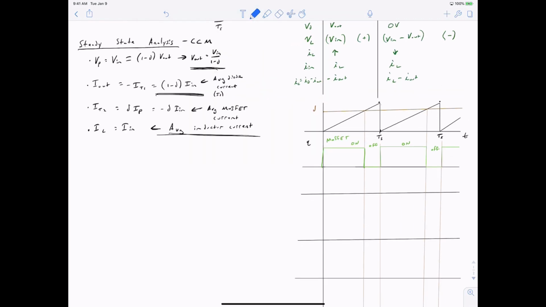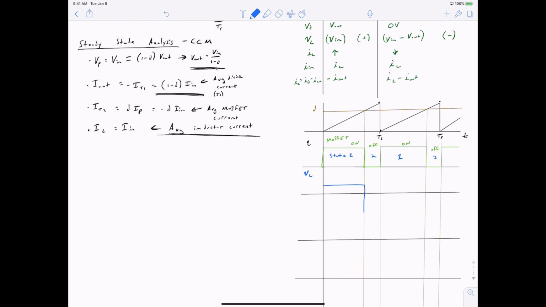And when our MOSFET is on, by definition, we are in state 1, which means that we can sketch our inductor voltage as being equal to our input voltage. When our MOSFET is off, we are in state 2, so this means state 1, 2, 1, 2.